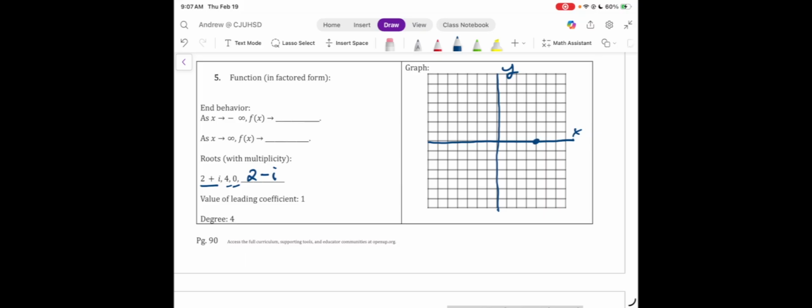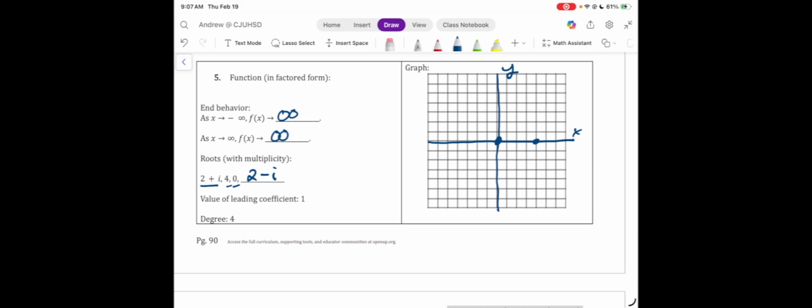We've got a root at 0. And then you're not going to see the roots at 2 plus i and 2 minus i, but they will affect the behavior. Let's see, the leading coefficient is 1, and the degree is 4. And that means it's going to come from the top, it's going to leave to the top.